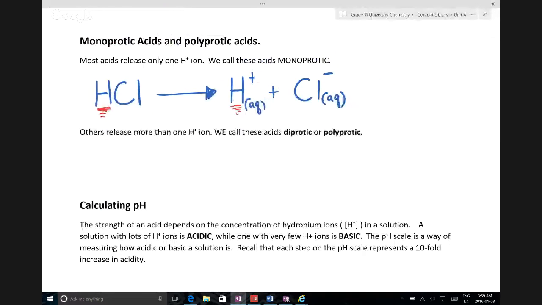But it's worth keeping in mind that some acids actually have more than one H+ ion. And we call these diprotic or polyprotic acids. So for example, sulfuric acid, H2SO4, has not one hydrogen, but two.